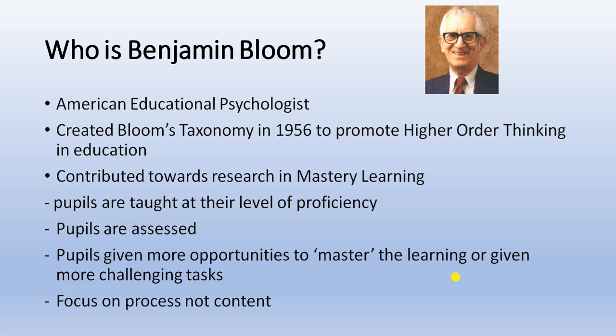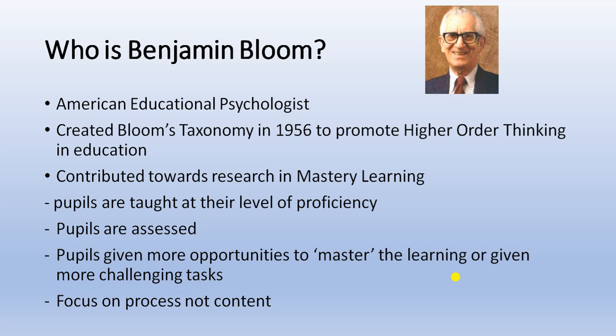Educators have primarily focused on the cognitive model, which includes 6 different classification levels: knowledge, comprehension, application, analysis, synthesis and evaluation. After that, new terms were introduced in 2001 by another team of scholars led by Lauren Anderson, a former student of Bloom's.